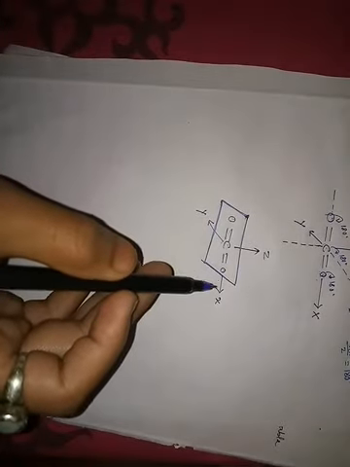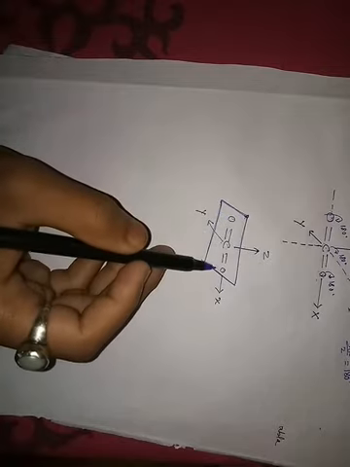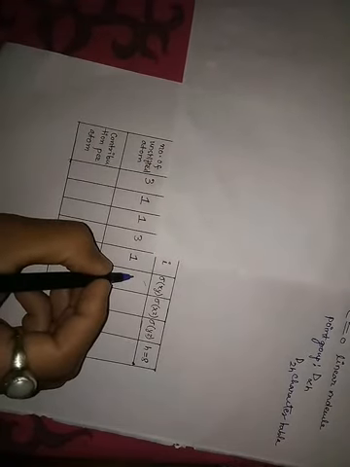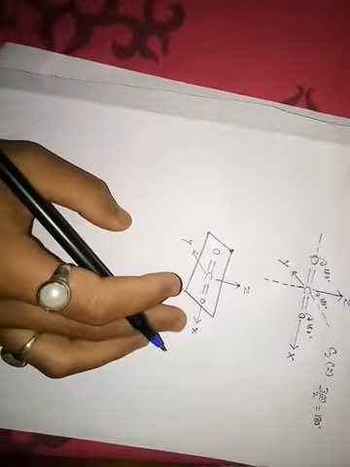In this case, all these three atoms are lying in the same plane, that means the xy plane. So ultimately the number of unshifted atoms will be 3, because they will not shift, they will not reflect anything.